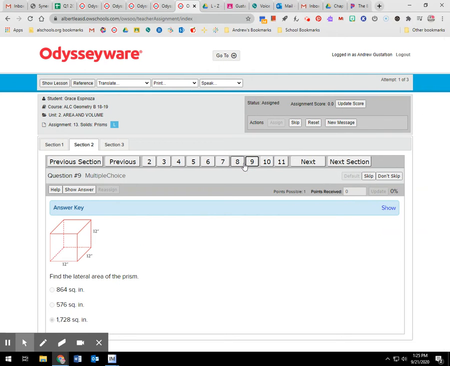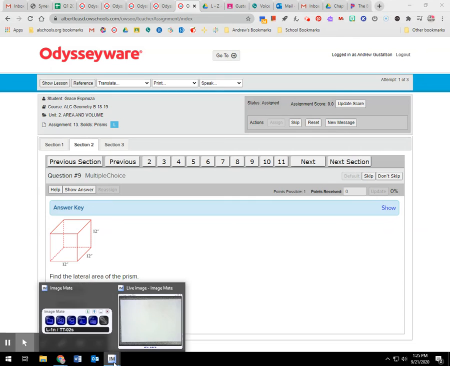All right, rectangular prisms. So there's a couple pieces of vocabulary, and you might already know these from doing the other lessons, but the lateral area. The lateral area would be the sides around the outside, so not counting the top and the bottom.